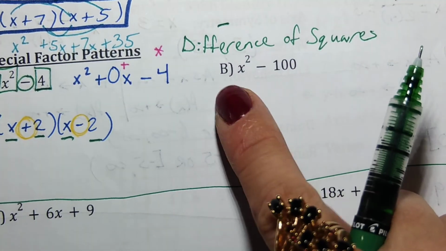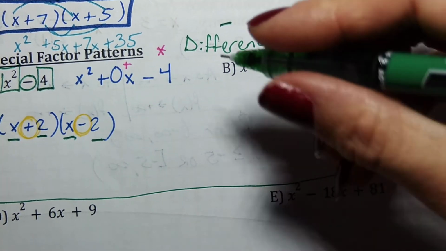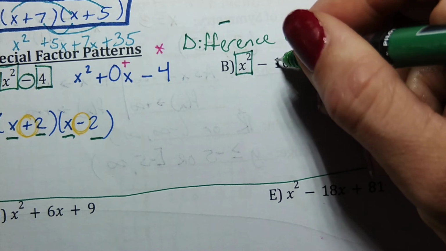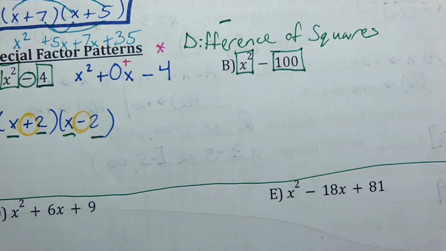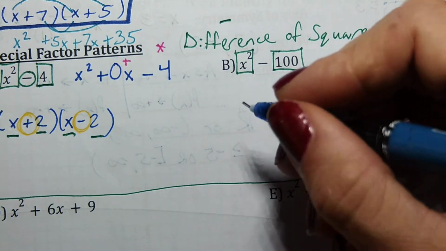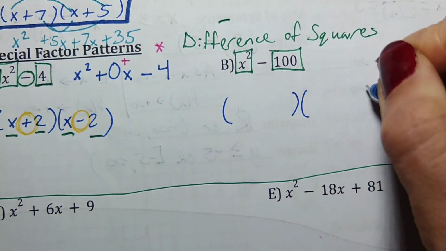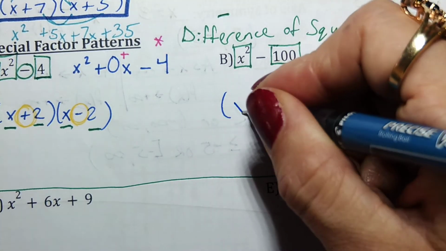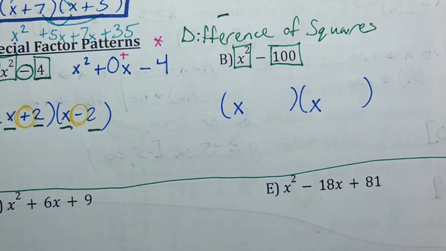So first, I see that I only have 2 terms. Is x squared a perfect square? Yup. Is 100 a perfect square? Also yes. And since it is subtraction, this is difference of squares. So I'm going to make my parentheses and do my perfect square factors of x squared, x and x.